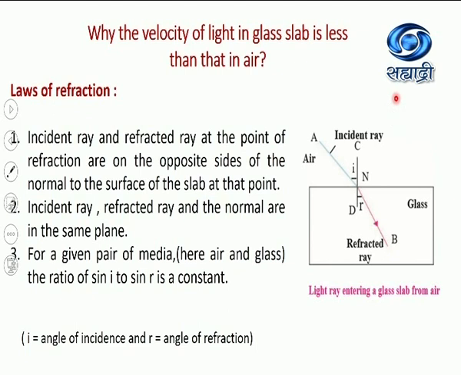For a given pair of media, here it is air and glass, the ratio of sin i to sin r is constant. Here i is the angle of incidence and r is the angle of refraction. So sin of angle of incidence divided by sin of angle of refraction is nothing but a constant.